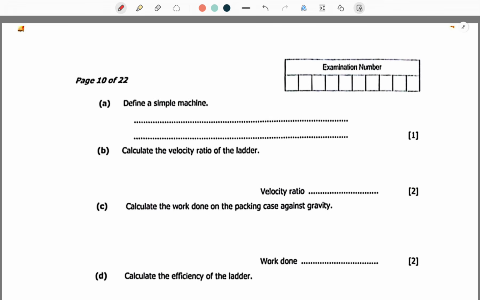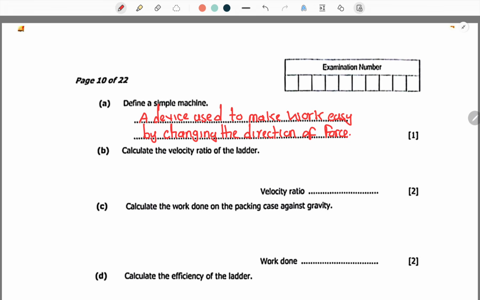A simple machine is just a device which is used to make work easy by changing the direction of force. That is a simple machine.